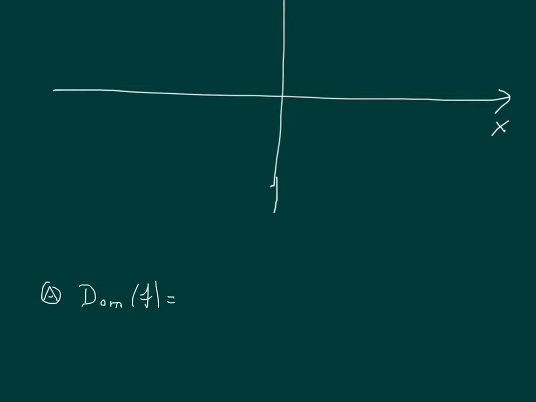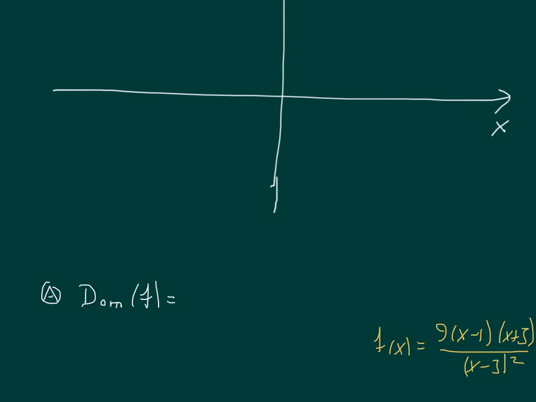I'll probably have to keep doing this, unfortunately. Here's f of x over here. f of x is equal to 9 times (x minus 1) times (x plus 3) over (x minus 3) all squared.